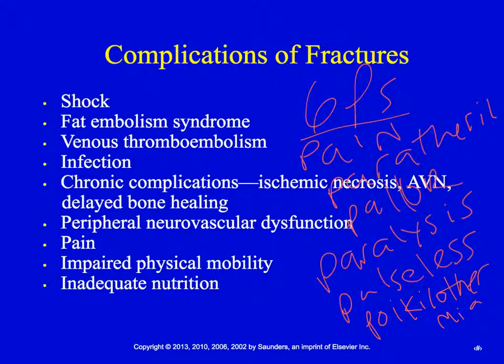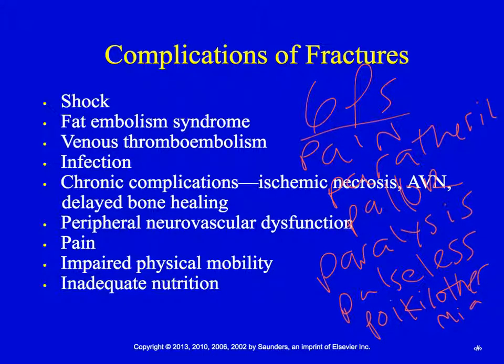Inadequate nutrition, we do have to consider. A patient who has a fracture is going to need increased protein in their diet, especially the elderly, especially people who are at risk. So increase their protein, that helps them to reestablish that bone.